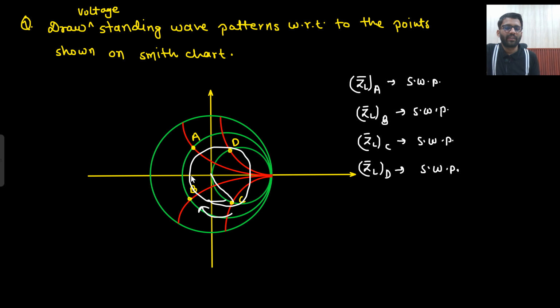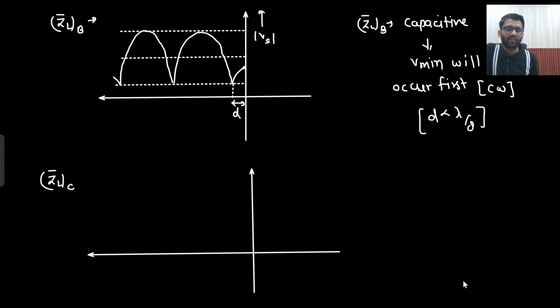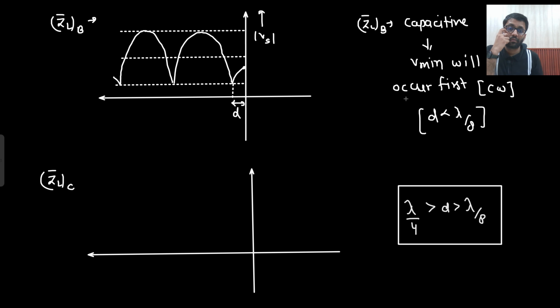Walking clockwise, what am I encountering first? I am encountering V minima first. But how much do I need to walk? Greater than 90 degree. So D will be greater than lambda by 8, but certainly it has to be less than lambda by 4.